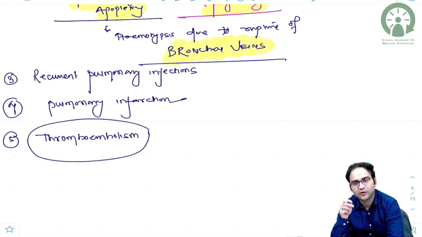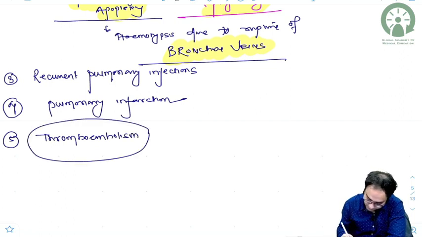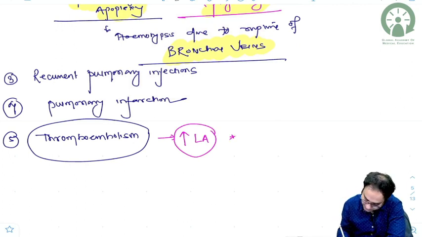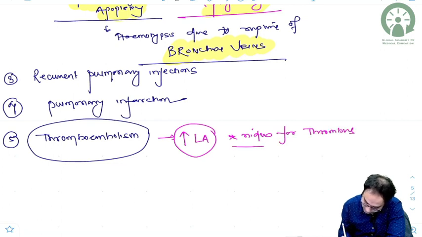Now, why can there be thromboembolism? Because the left atrium is enlarging. The enlarged left atrium is forming a nidus for thrombus.